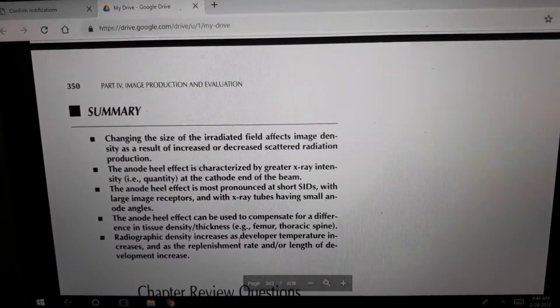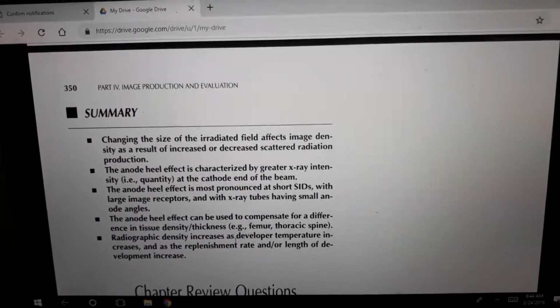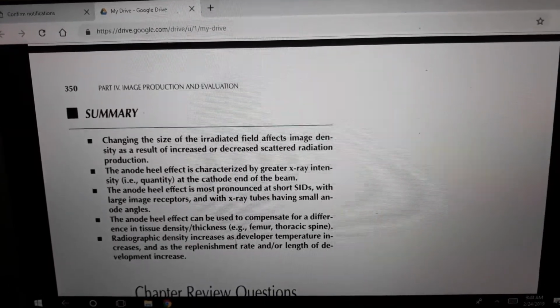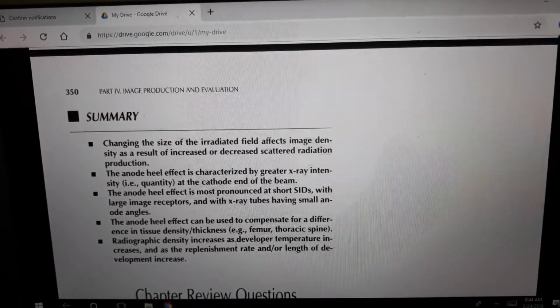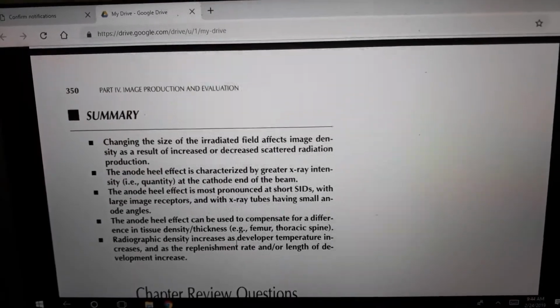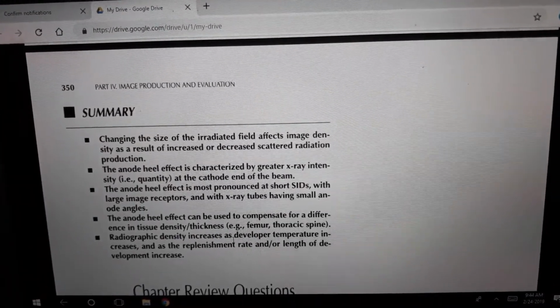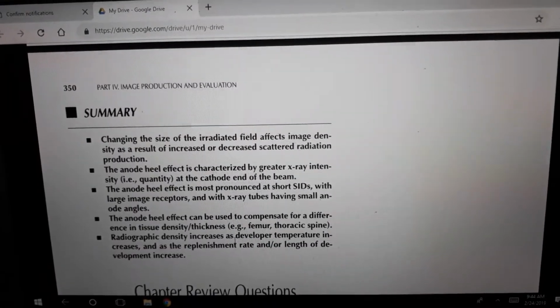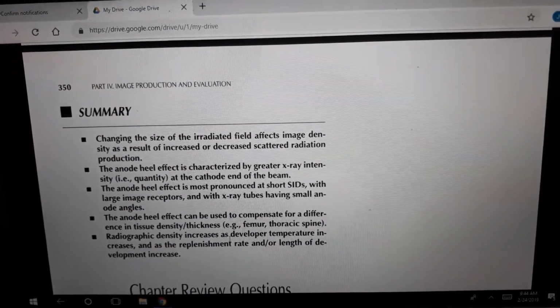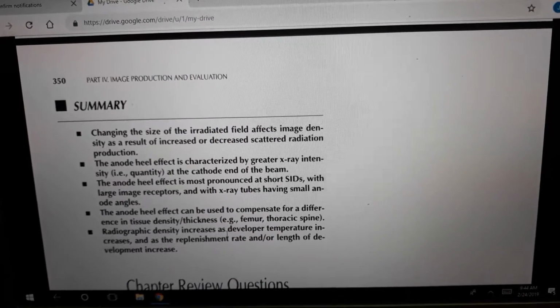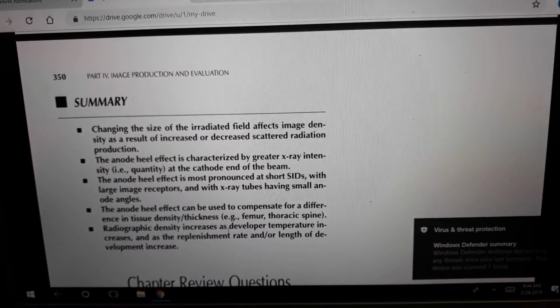Changing the size of the irradiated field affects image density as a result of increase or decrease in scattered radiation production. The anode heel effect is characterized by greater X-ray intensity at the cathode end of the beam.